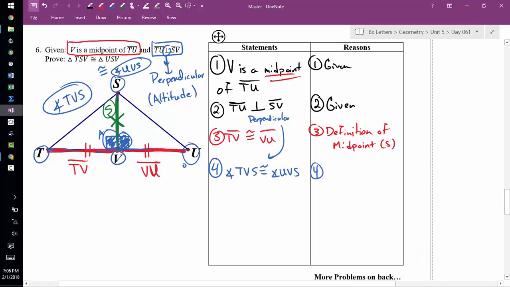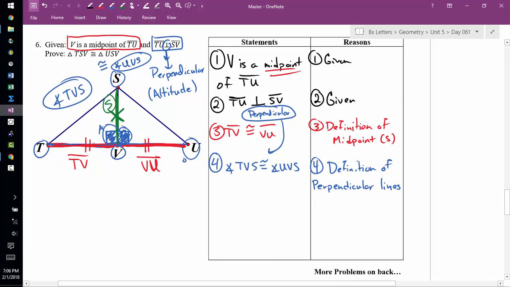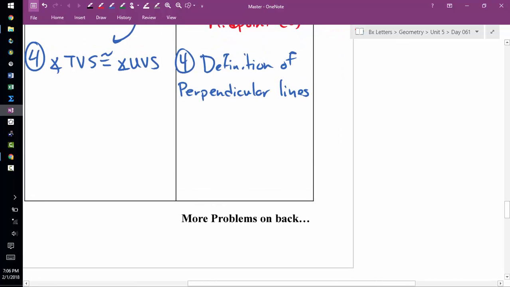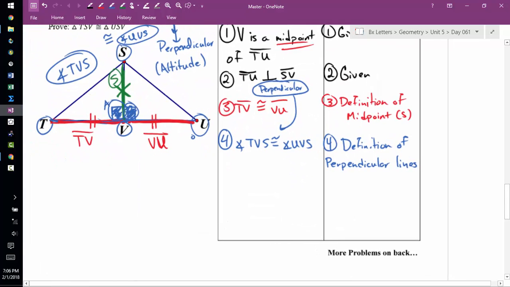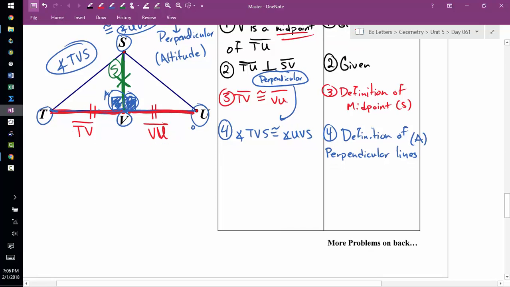And the reason for this is the definition of perpendicular lines. That's what perpendicular lines do. They make right angles, technically. And those right angles happen to be congruent. That's a distinction that we'll use later in this unit.